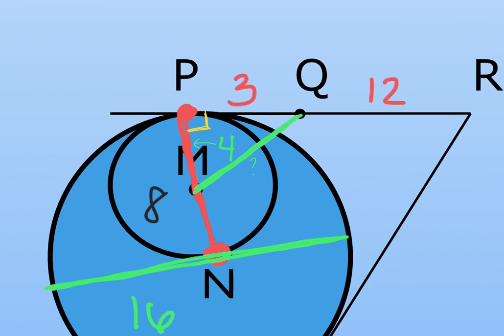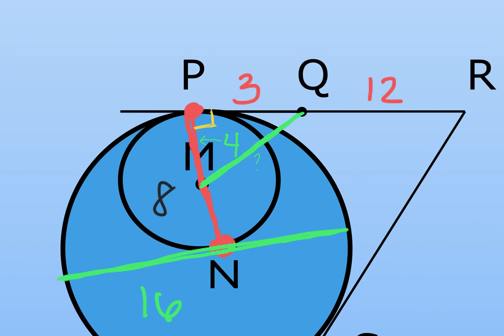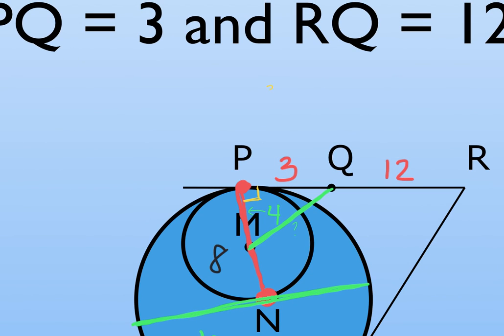Very good, okay? So, what we're gonna do is set up the Pythagorean theorem, so it's gonna be 3 squared plus 4 squared is equal to, and let's label it MQ squared, the length of MQ. So we've got 9 plus 16 equals MQ squared.